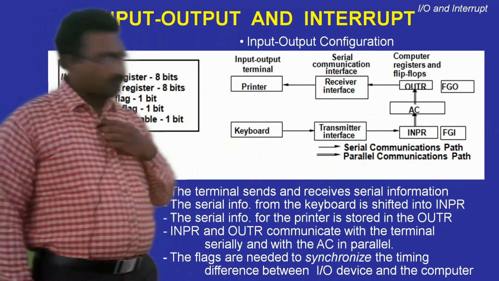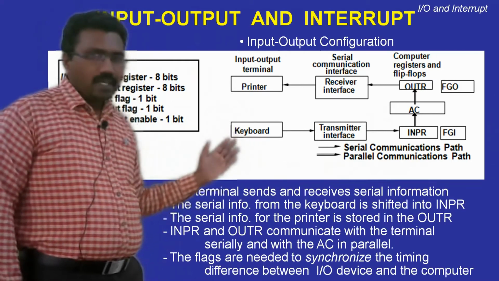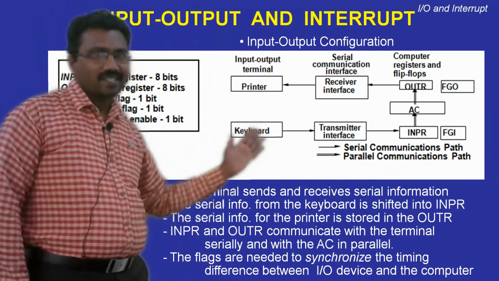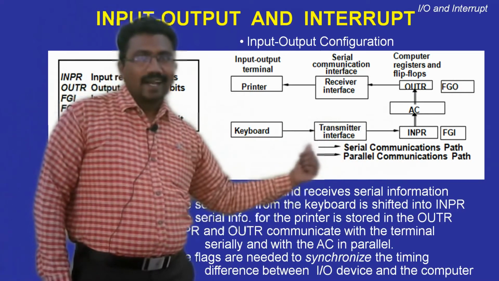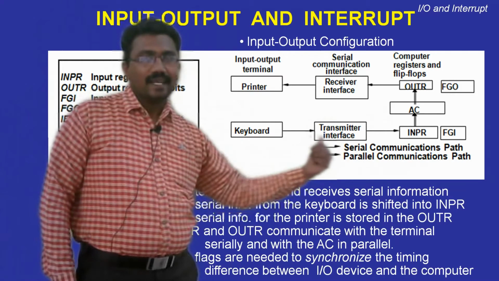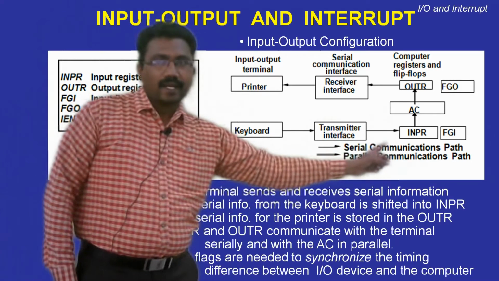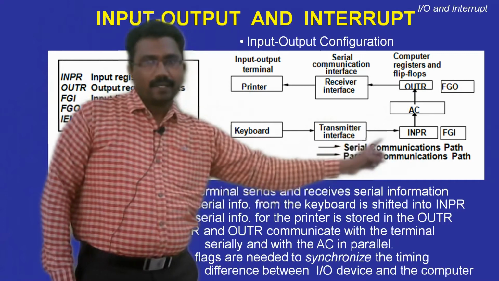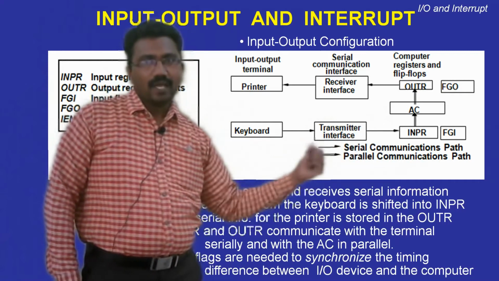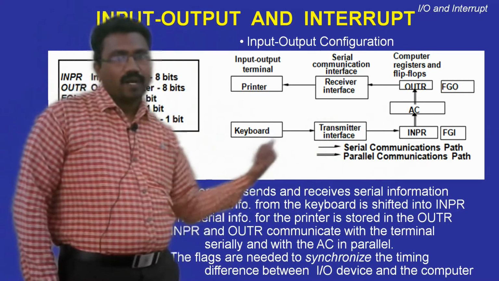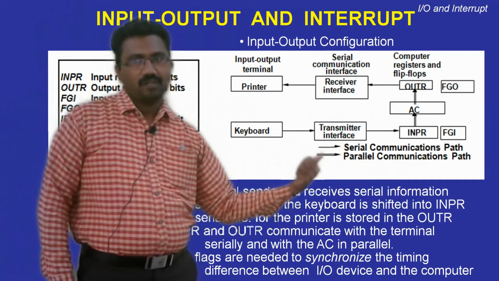Okay, here if any key is pressed on the keyboard, the corresponding 8-bit binary code is transmitted to INPR through the transmitter interface serially. That means INPR receives the 8-bit character from the keyboard bit by bit serially. The type of communication between keyboard and INPR is serial communication, bit by bit.